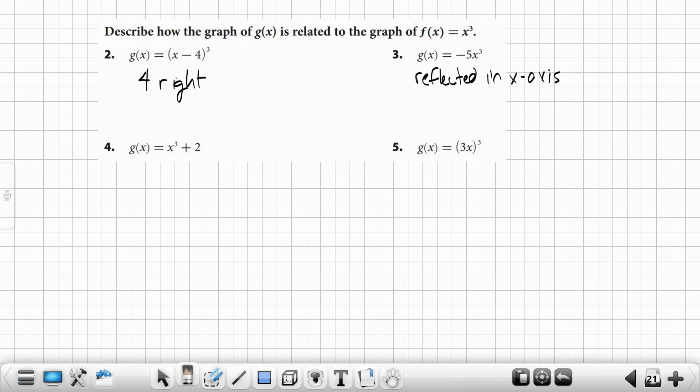Nope. 5 right. Nope. 5 left. Nope. Jaden, it's over 1 on 5. Vertically stretched by 5. Okay. Aaron, number 4. Up 2, or 2 up, whatever I want to say. Okay.